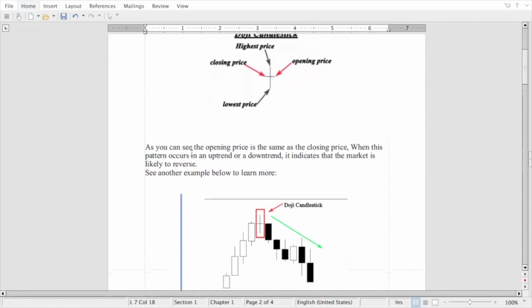As you can see, the opening price is the same as the closing price. That's what I said. When this pattern occurs in an uptrend or downtrend, it indicates that the market is likely to reverse. So if it is on the downward trend, automatically it's going to go up. If it's on the upper trend, then automatically the market is going to start falling. You see?